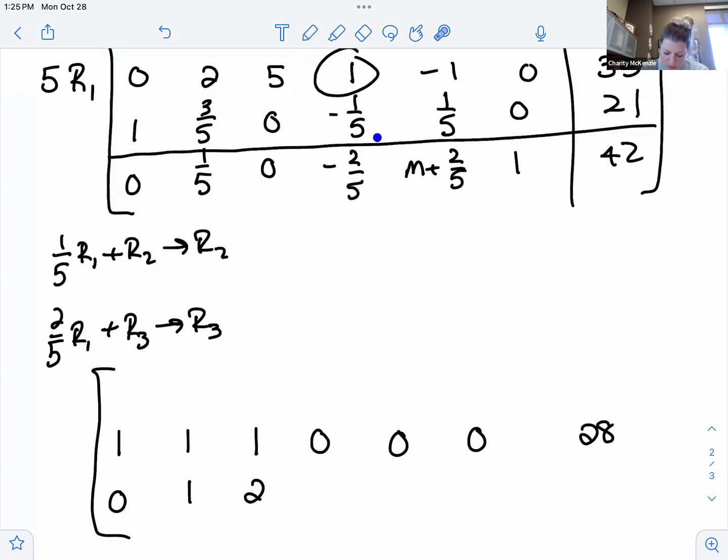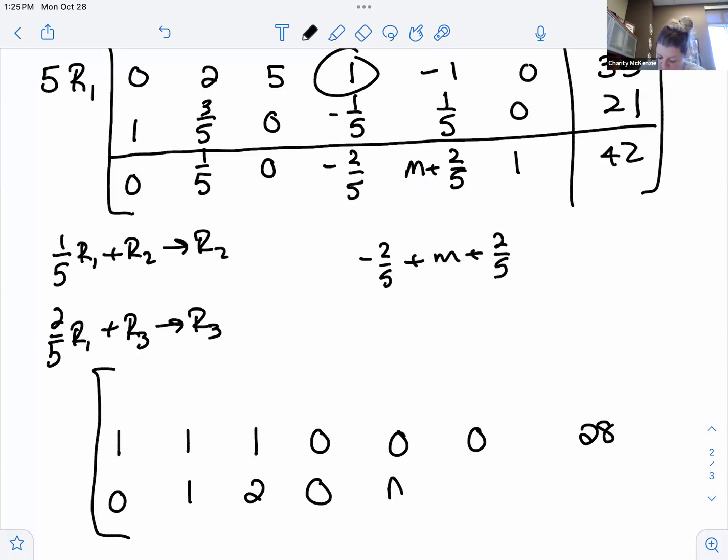Okay, then this one will be 2/5 times... Oh, I'm adding it. Yeah, no, I added it to this 2/5. 1 times 2/5 is 2/5 plus the 2/5 is 0. Should better be because that's what we set it up for. Okay. All right. So 2/5 times row 1 is negative 2/5 plus this one. So write that one out. It's like negative 2/5 plus m plus 2/5.